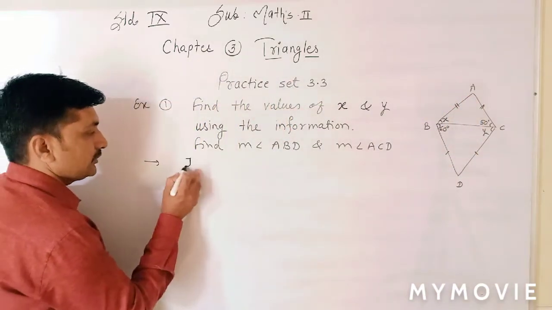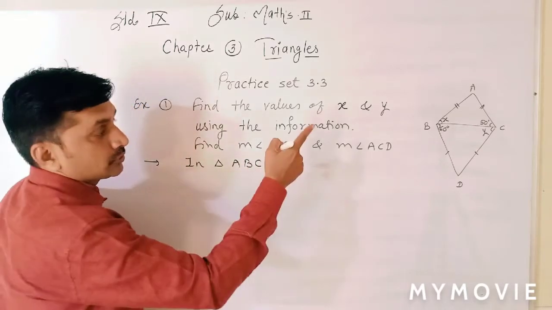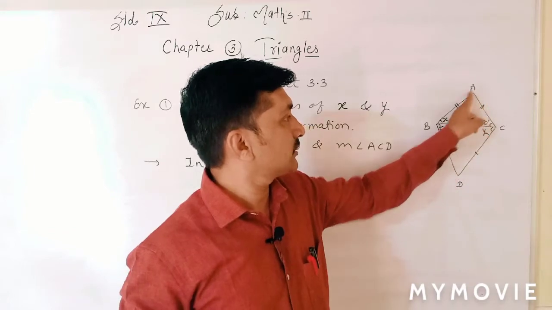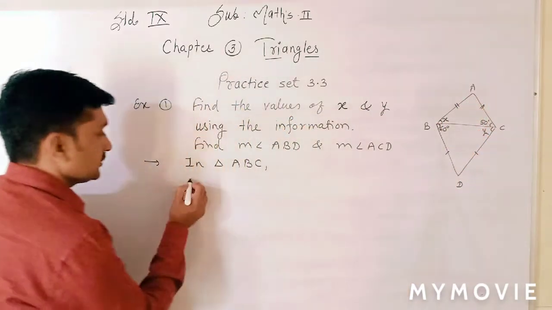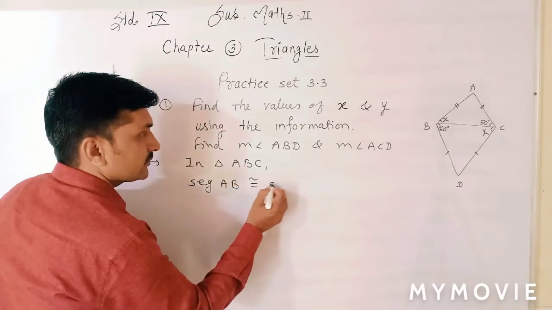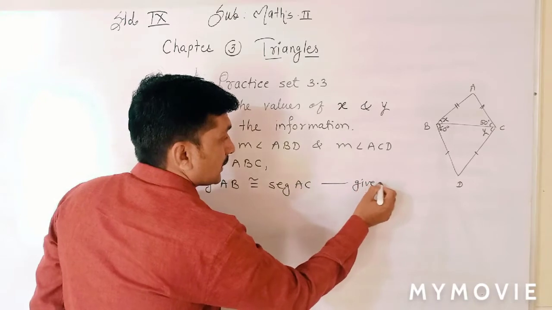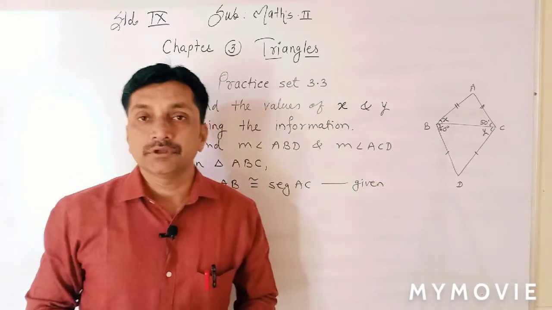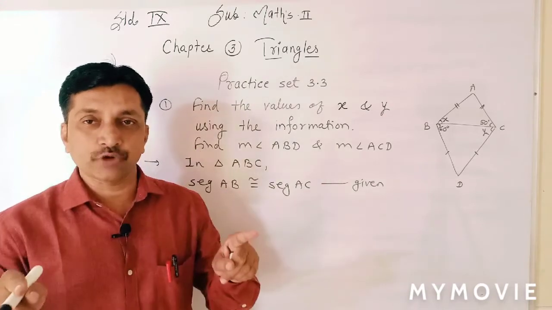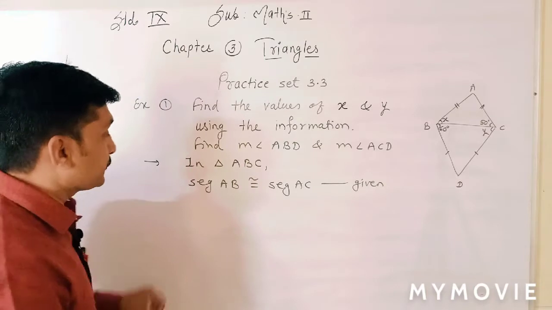Solution: in triangle ABC, in the figure you see identical marks. Which two sides are congruent? AB and AC. Therefore seg AB is congruent with seg AC. It is given. Now by the isosceles triangle theorem: if two sides of a triangle are congruent, then opposite angles are congruent.